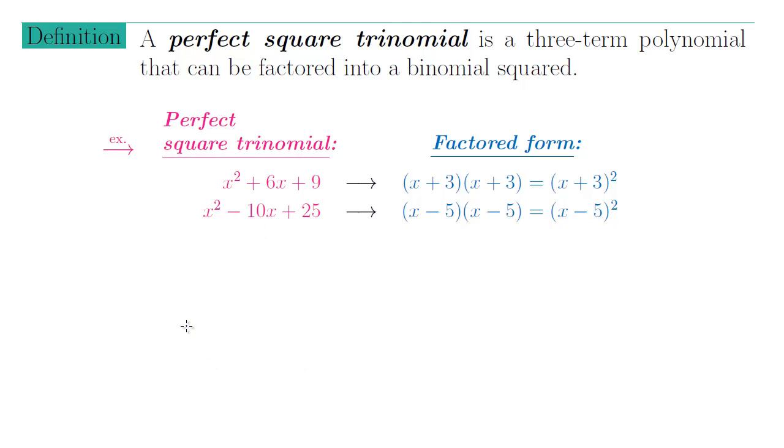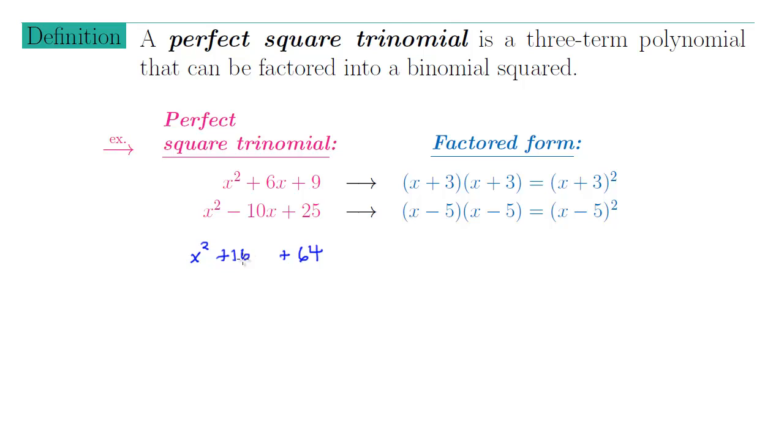Let's see if we can create a perfect square trinomial. Let's start with x squared. And let's put a perfect square at the end. How about 64? 64 is 8 times 8. What's twice 8 or the double of 8? Well, that would be 16, and let's make everything positive.